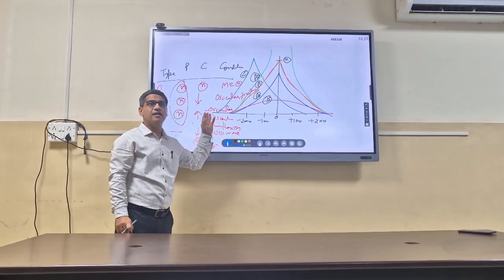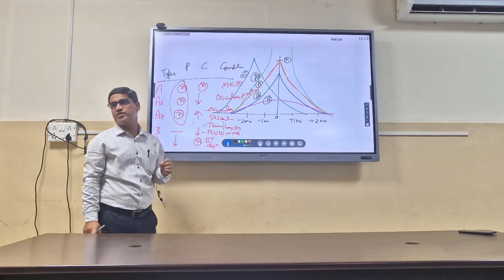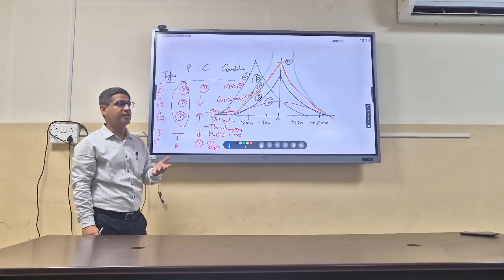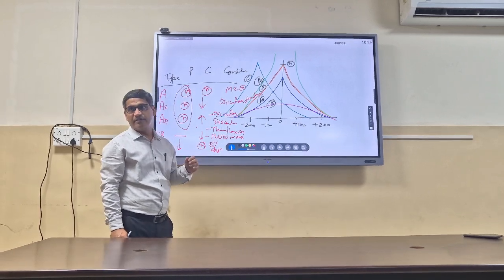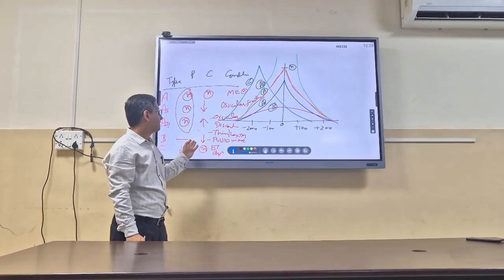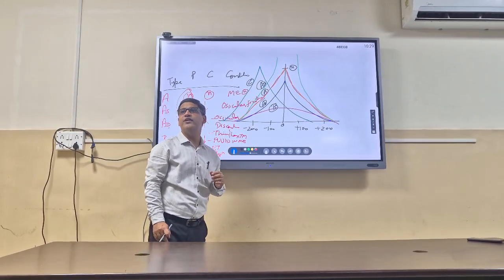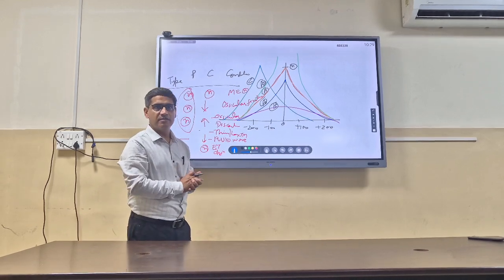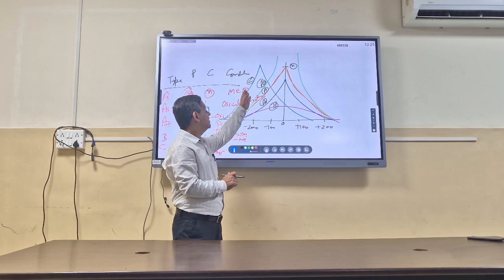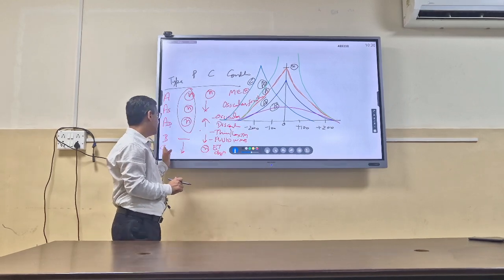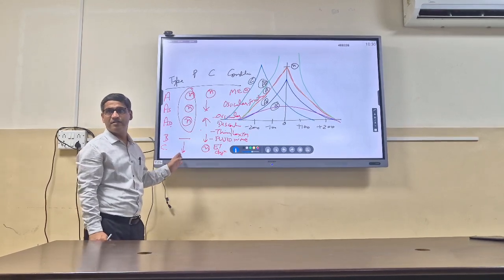So this is seen in ossicular discontinuity, ossicular disruption. Then type B, which is a flat curve. This is seen in any condition which has fluid in the middle ear. The common ones are secretory otitis media or acute suppurative otitis media. And finally, in this blue color, type C curve, where the pressure is decreased but the compliance is normal.